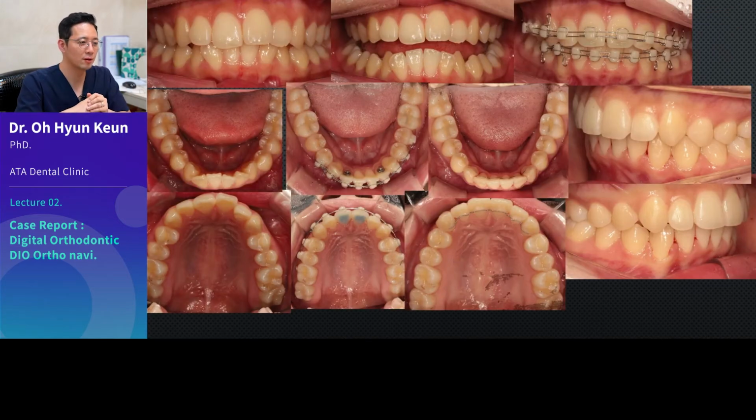For those who are new to our OrthoNavi system, I recommend you try the system step by step. Actually, even among Dio OrthoNavi users, many people use this buccal system. Rather than the lingual system, when you use the buccal one with 2 strands of wire, we can see satisfactory results, even for severe cases of crowding.